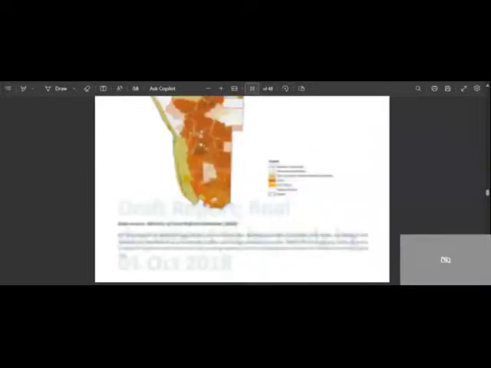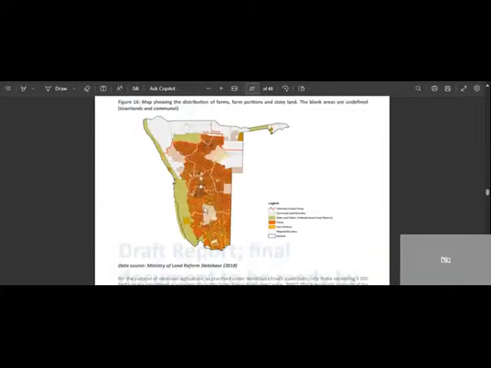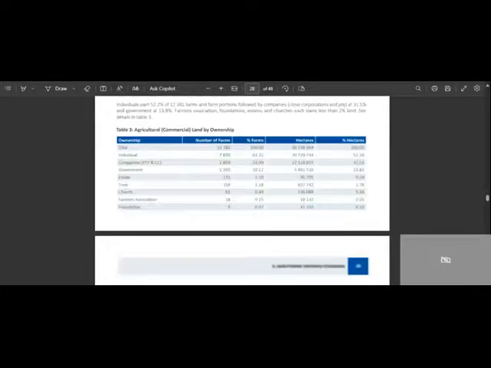What's interesting now to look at is this. It's not this part, but as you can see, this is the same thing where the farmland is. What we are interested in is the division of agricultural land by ownership.